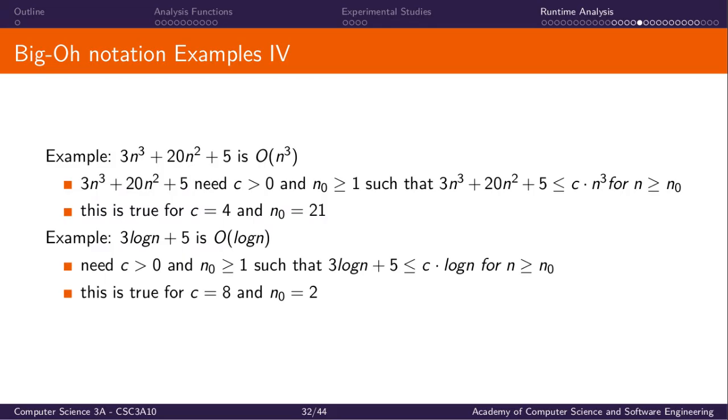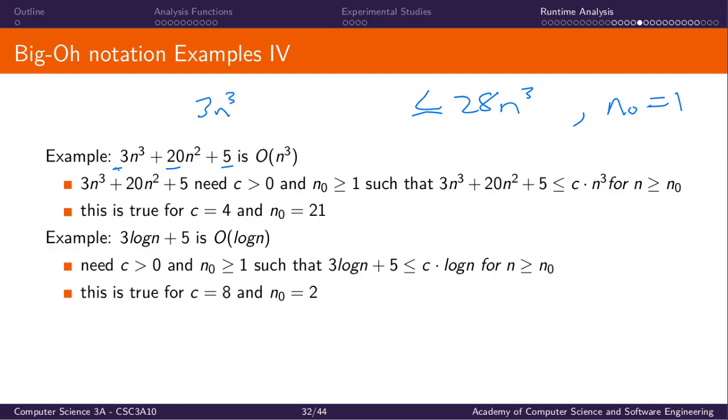All right, and then what if we do have a polynomial like this? Well, for these ones, we would simply, again, take the coefficients, 3, 20, 5, add those together. That gives me 28. And I'll see that for 28 as my C, and let's take my n0 to be 1 again, that this will hold true.